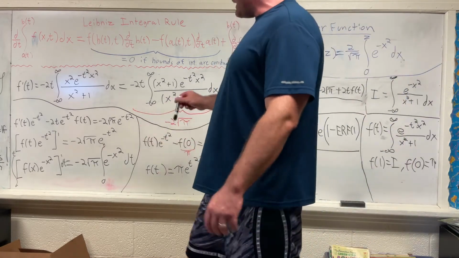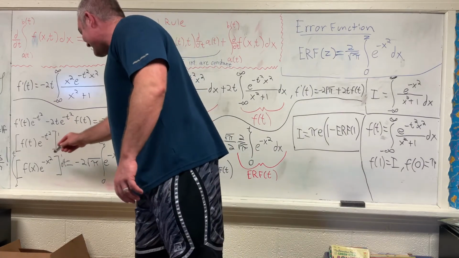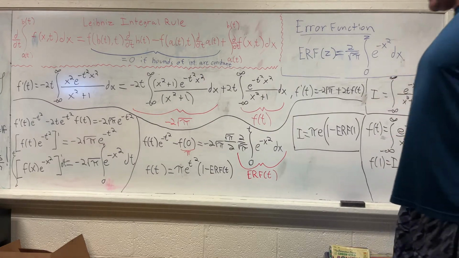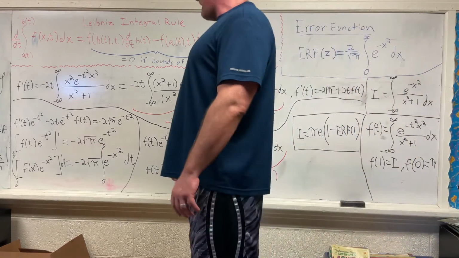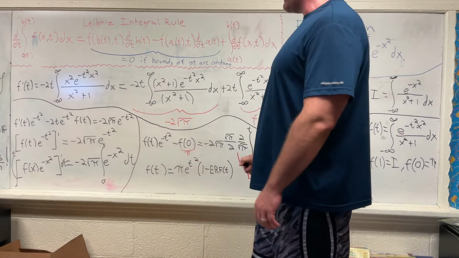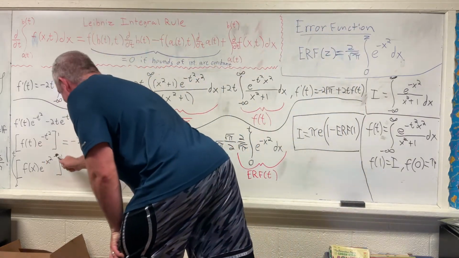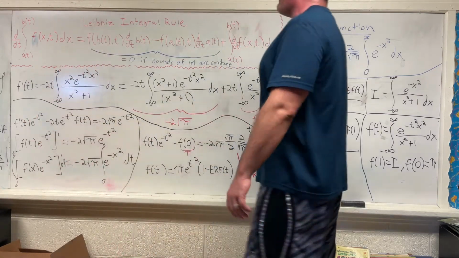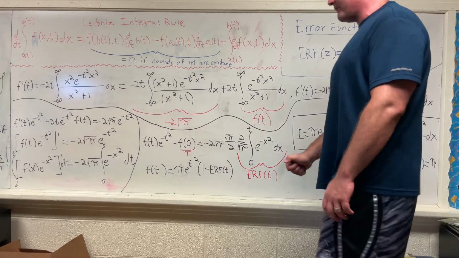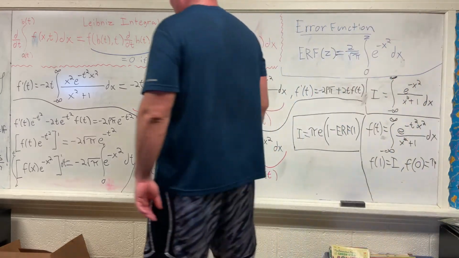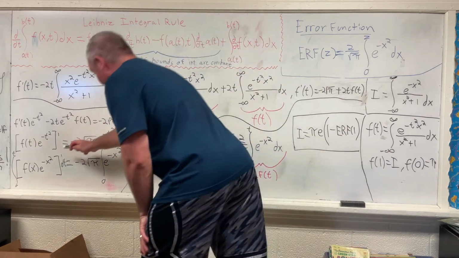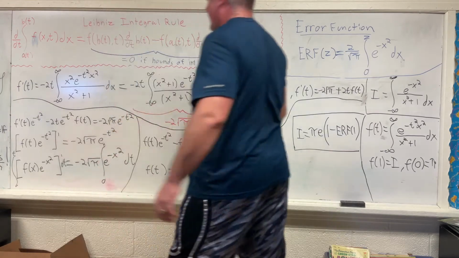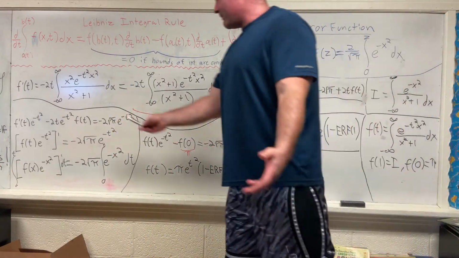If you evaluate f of x e to the negative x squared prime dt from 0 to t, you have to remember the fundamental theorem of calculus. Basically, this is going to be the antiderivative of the function evaluated at t minus the antiderivative of the function evaluated at 0. Now, the antiderivative of a derivative, which this is inside that integral, will simply be the function itself.